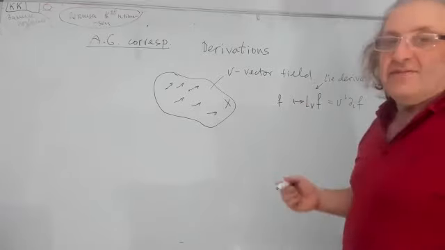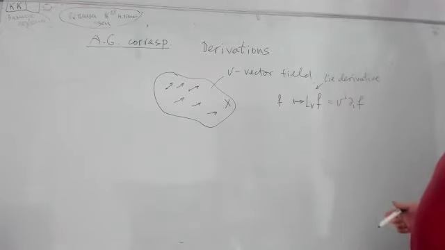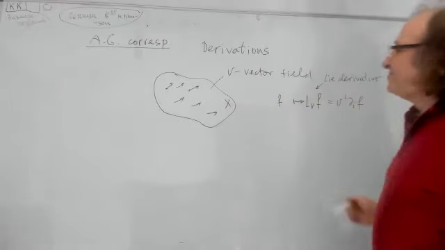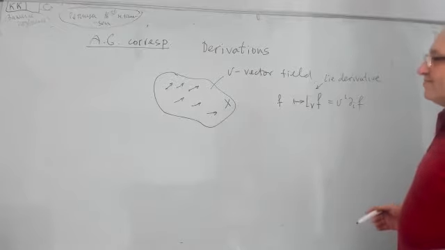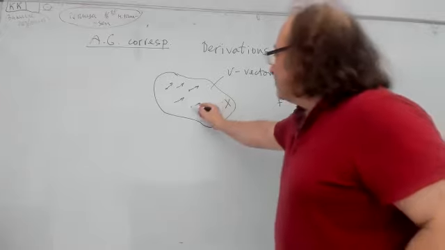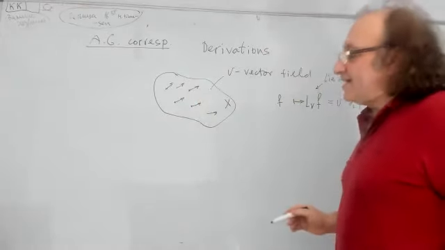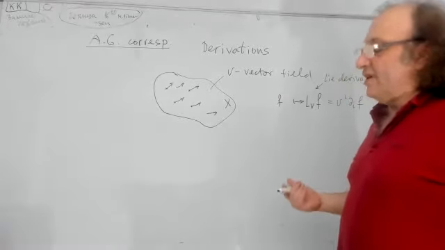If you look at this definition, you will see that this definition is purely geometrical. You need to imagine smooth manifold X and the vector field. It means that to each point you have a tangent vector, okay?